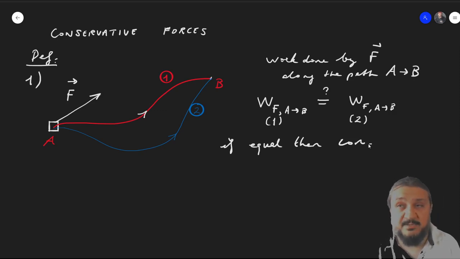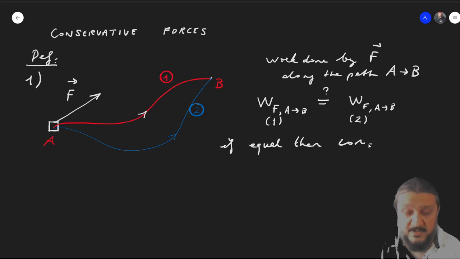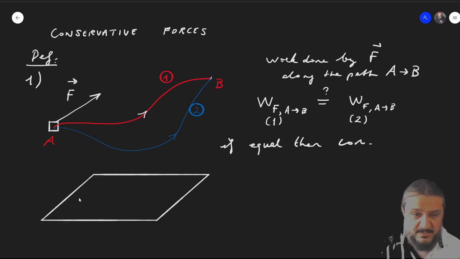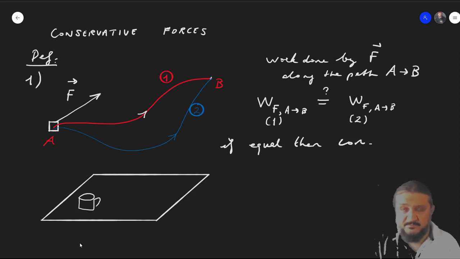Okay, an example of a non-conservative force. In that problem, we ignored friction at that time. Let's not ignore it now. Let's think about friction. Let's pick a tabletop, and we have an object, a coffee mug, let's say. We're going to move it around.